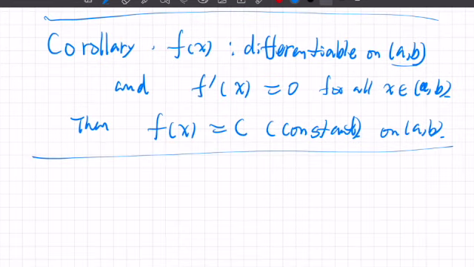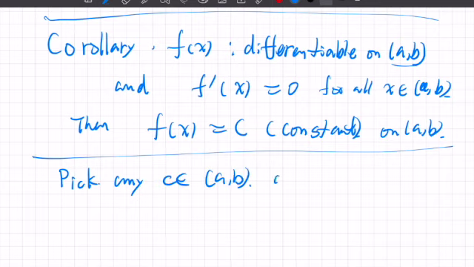Okay, let's prove this. So pick any c from this interval and let capital C be the value of this function at this arbitrary point.